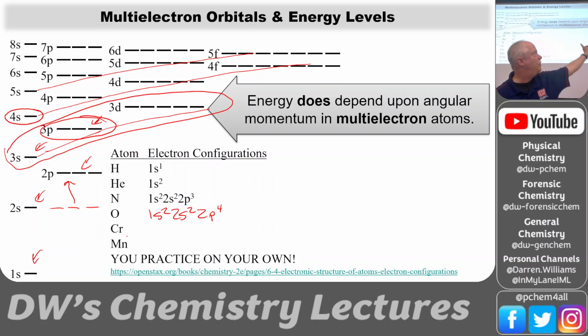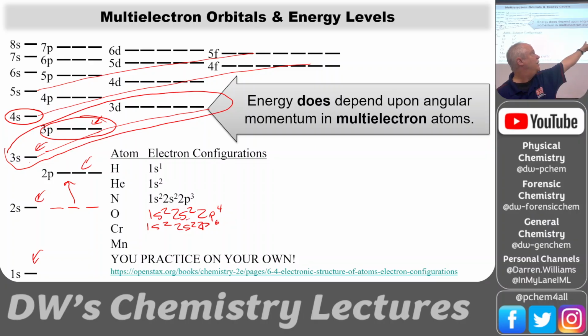Okay, chromium is a weird one. We're going to look at chromium. It's a d4. So let's do this one, and I'll point out that it's wrong. But anyway, we'll get to the exceptions. 1s2, 2s2, 2p6, because we finished that second row.